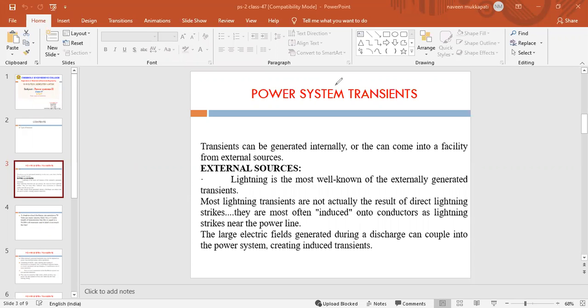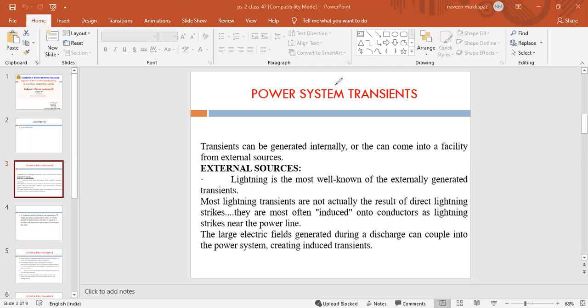The internal causes are obtained depending upon resonance, insulation failures, arcing, and switching operations. Due to resonance, insulation failures, switching operations and arcing equipment, the internal causes are obtained.